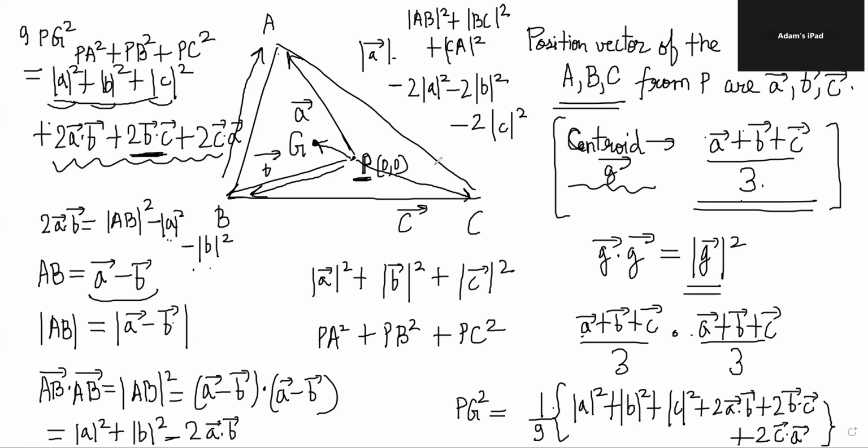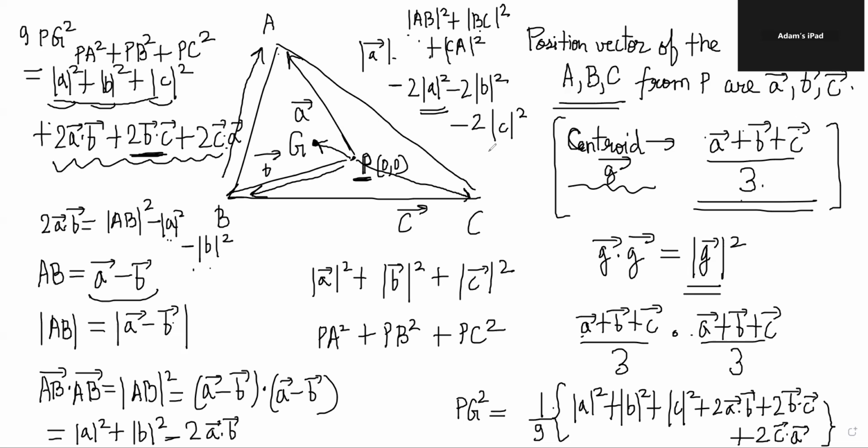So notice that this was the length PA, PB, PC and all, right? And mod AB and all are the side lengths of the triangle, right? So this is like C square, A square, B square, and this is like minus 2 PA square, minus 2 PB square, minus 2 PC square, right?